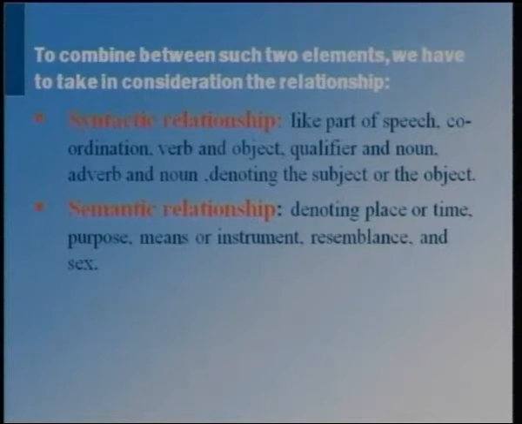We have what is called the semantic relationship between these elements of compounds. Okay? So the first element can denote place. When I say, for example, headache, where is the ache? It is in the head.